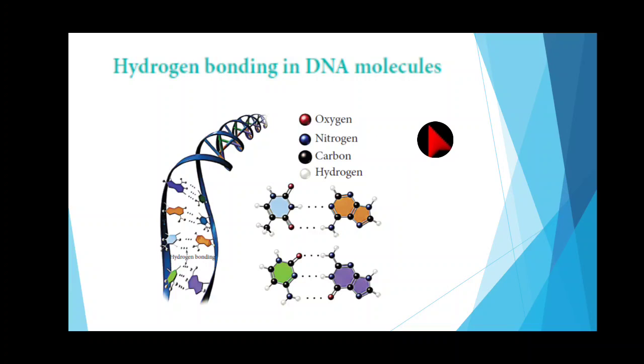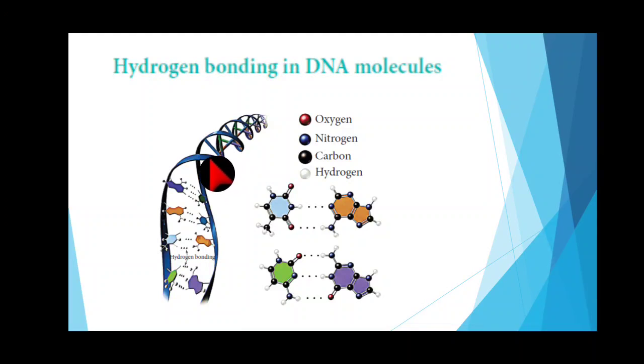For example, hydrogen bonds play an important role in the structure of deoxyribonucleic acid. Deoxyribonucleic acid means DNA, since they hold together the two helical nucleic acid chains.